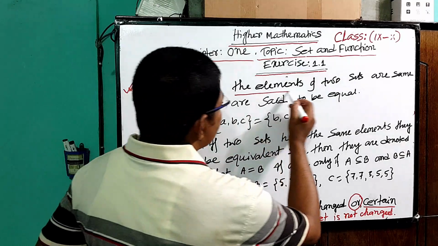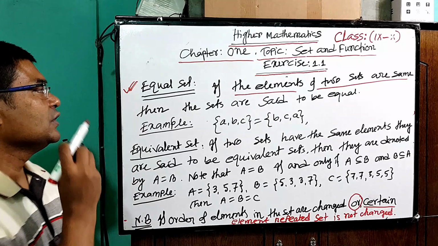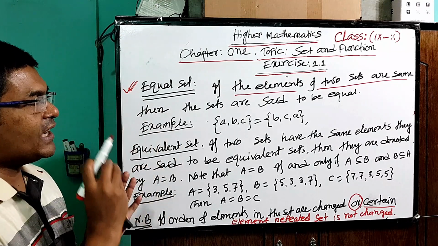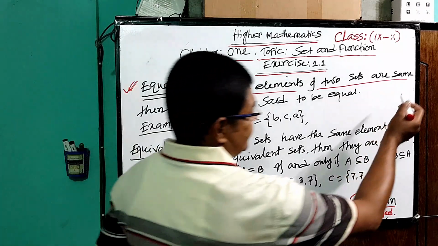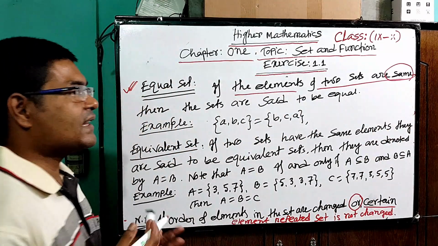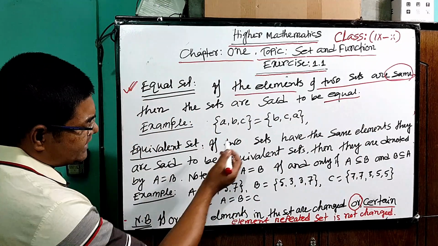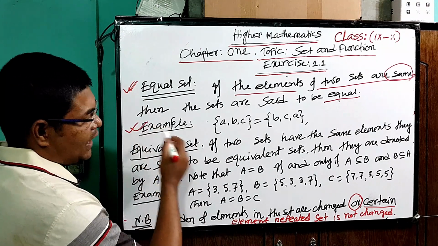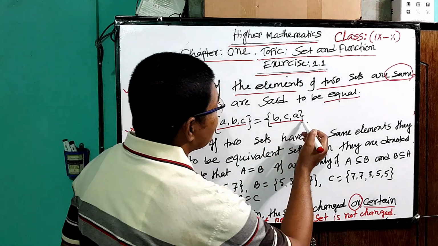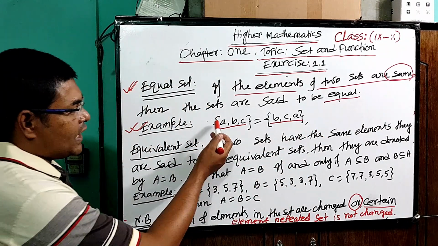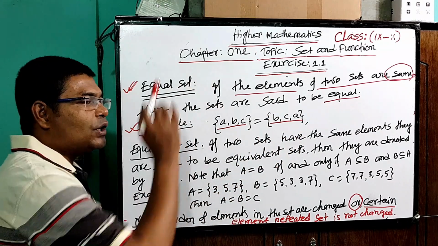If the elements of two sets are the same, be careful, that is called equal set. According to the example, here is A, B, C and here is B, C, A. So A, B, C and B, C, A are the same. So this is the equal set.